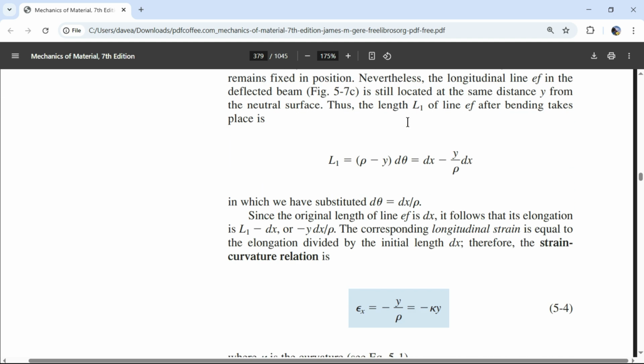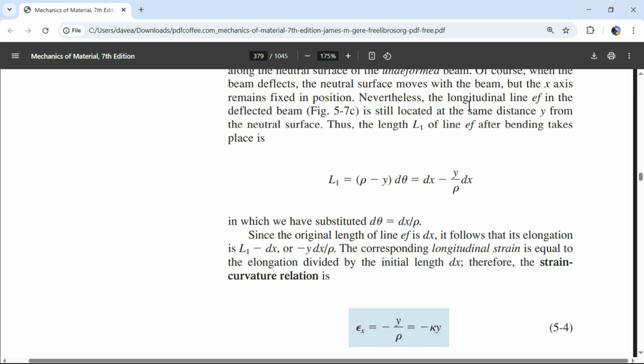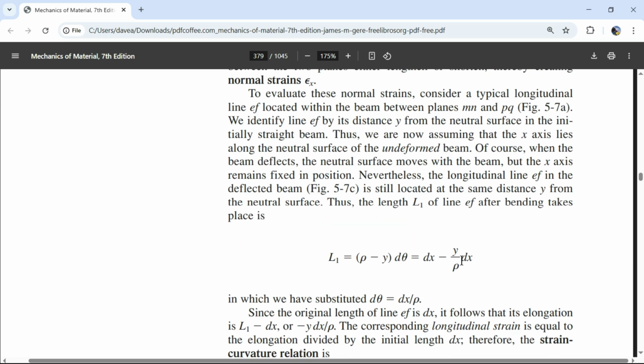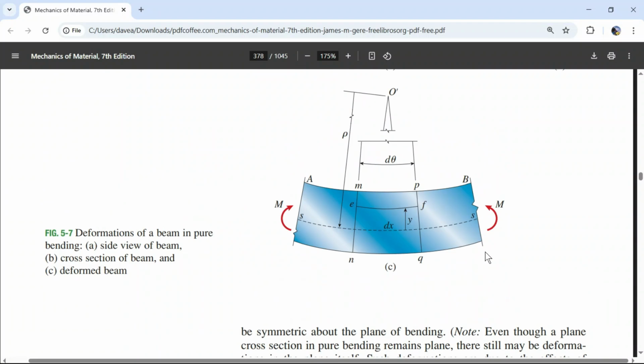All right, so we got that equation. Where are we at? Did we even get down here? Yeah, so thus the line L1, the length L1 of the line EF. So yeah, we have an equation anywhere we throw in a value of y. So we're saying L1 is where we throw in this value of y.